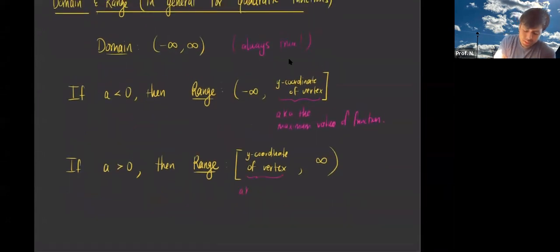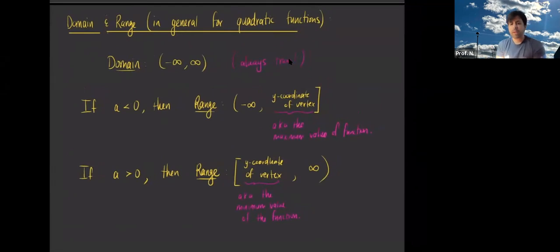So this will be aka the minimum value of the function. If we have a minimum, then that will be the y coordinate that represents the smallest y value. And so therefore it will be on the left side of the interval range, and we will be including it. And then we'll have the opposite if it's a maximum.